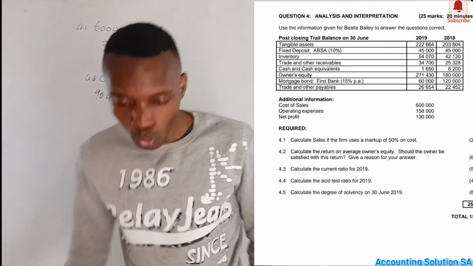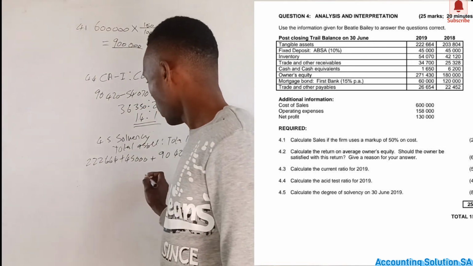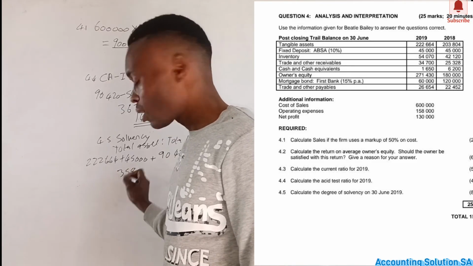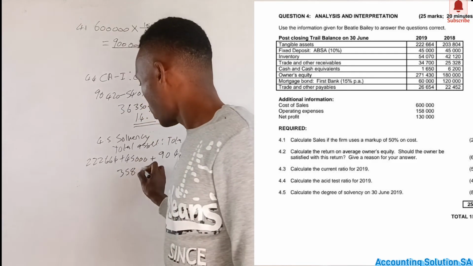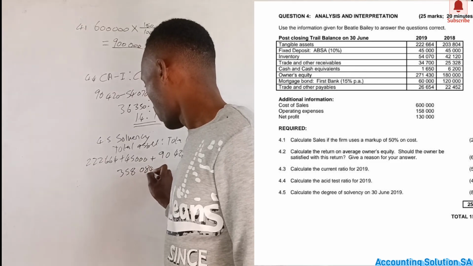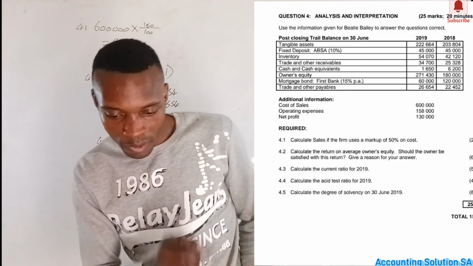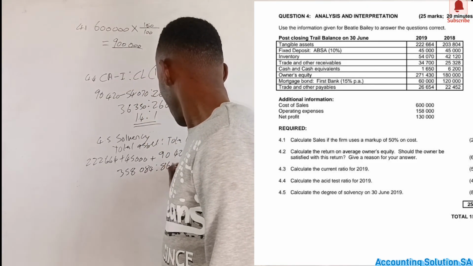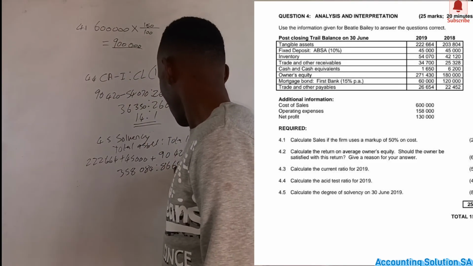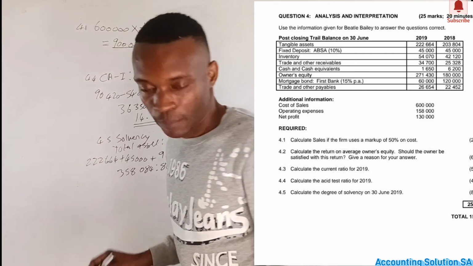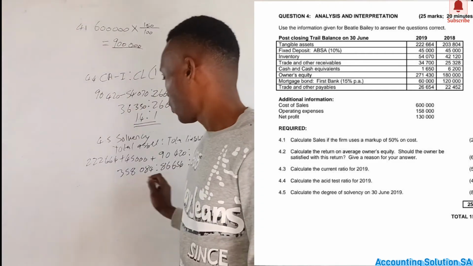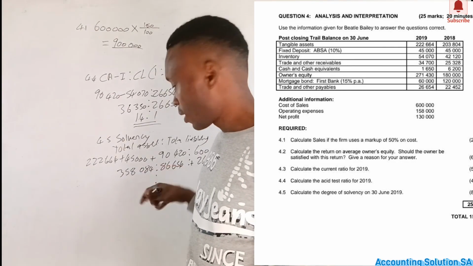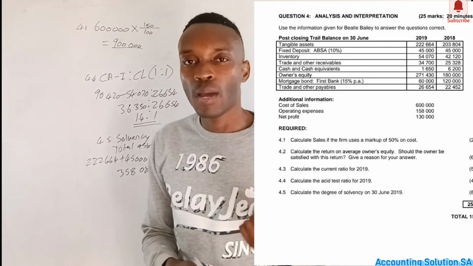Under total assets we're going to have an amount of 358,084, is to total liability, which is 86,654. Then we have to divide 358 by 86,000. This side is always 1.